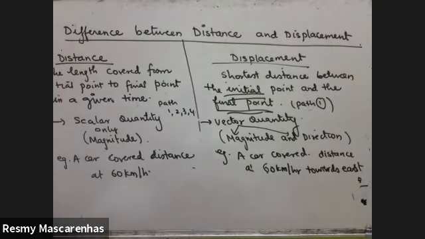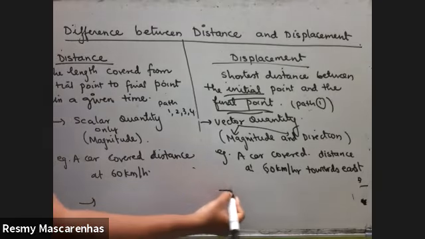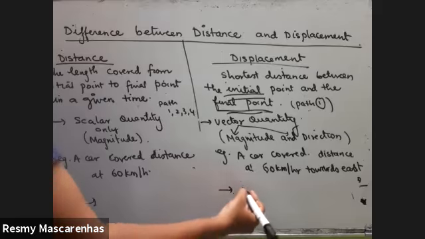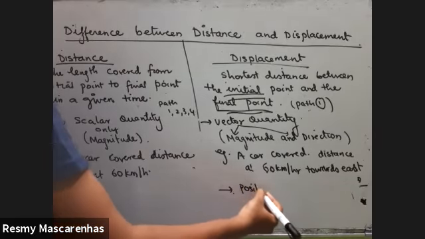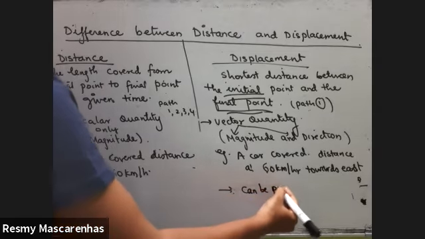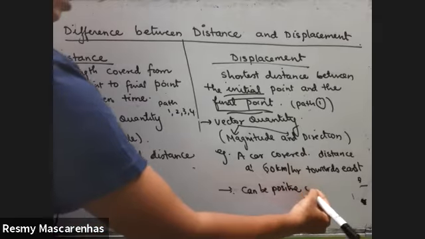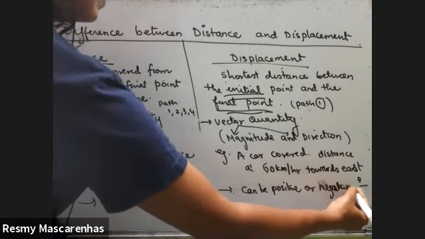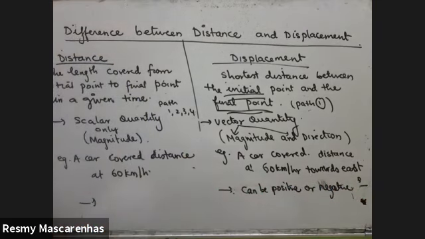Then displacement can be either positive or negative, based on the direction. And here, distance has to be only positive.